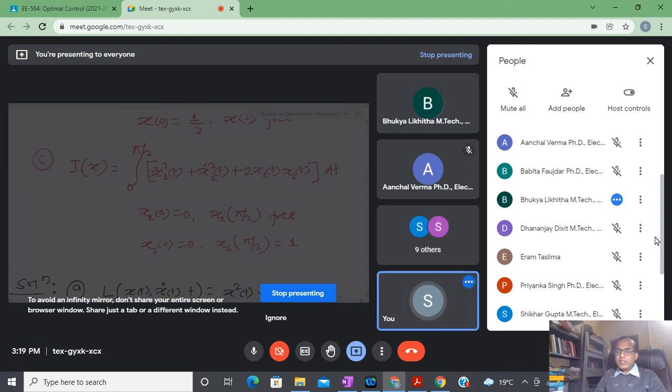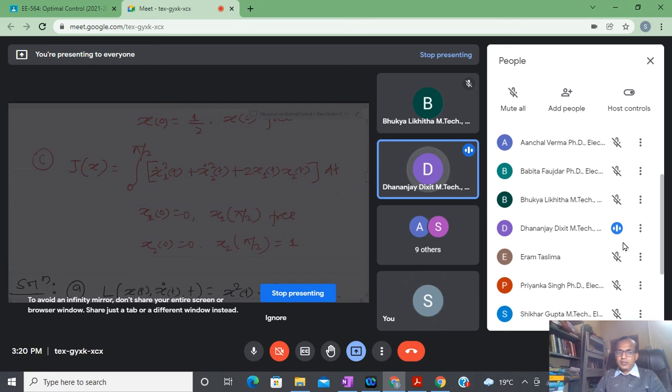How many equations? Two sets of Lagrangian equations come into the picture by seeing the boundary condition. Okay, could you please guess how many equations come into the picture? 2, sir. Dhananjay, what do you think? Sir, I think one. Yeah, because we only don't know x1, the final free position. Okay.